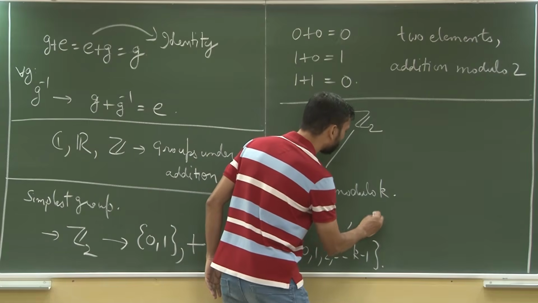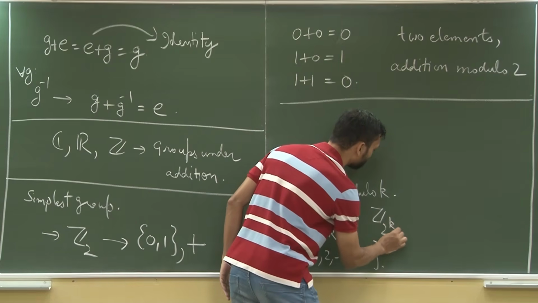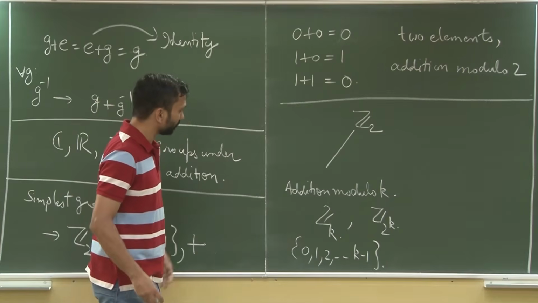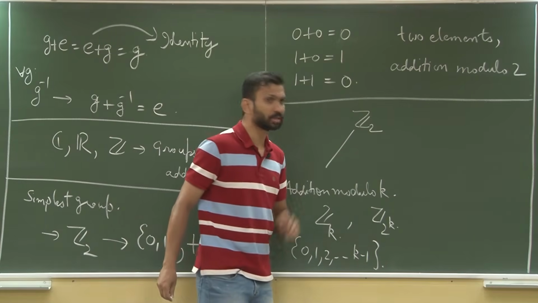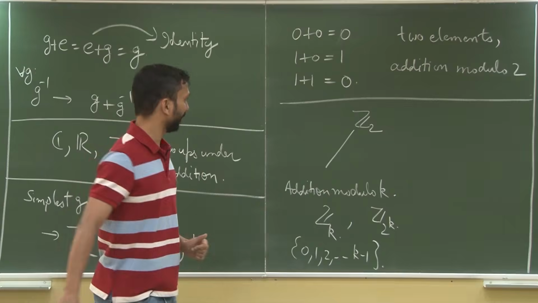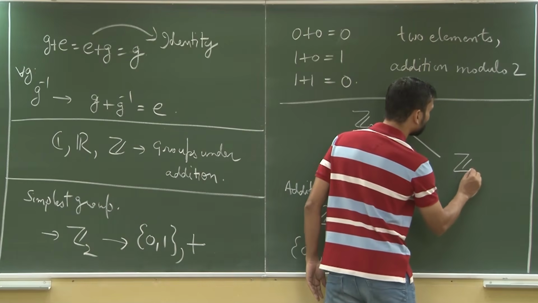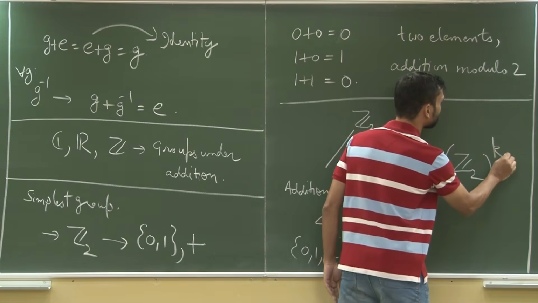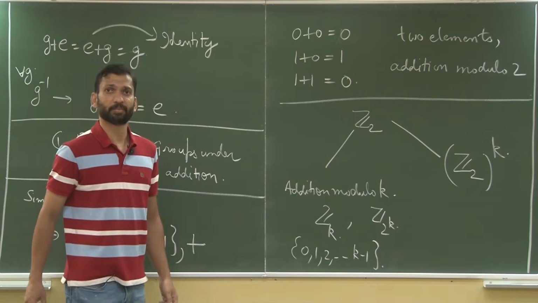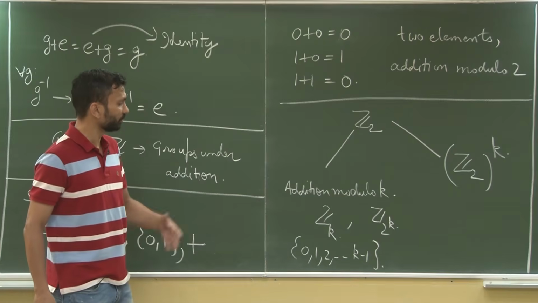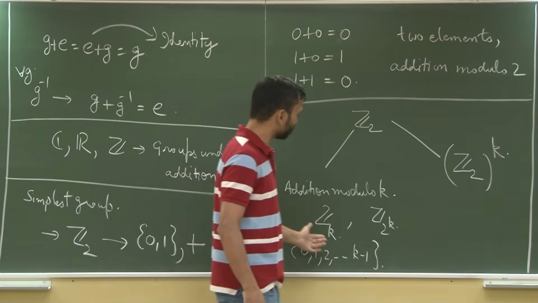Specifically, we can talk about Z to the power k, where the number of elements is a power of 2. And I would like to distinguish this group from another group, which is Z2 to the power k, because these two groups will feature integrally in this course on quantum computing.